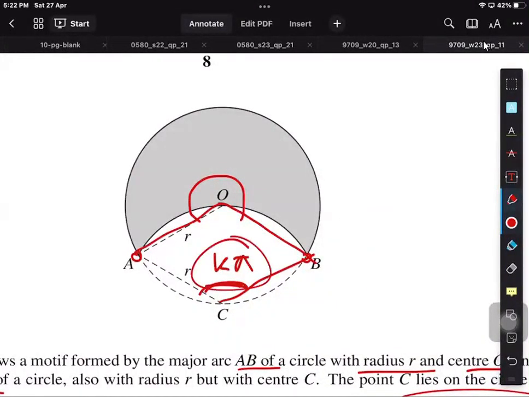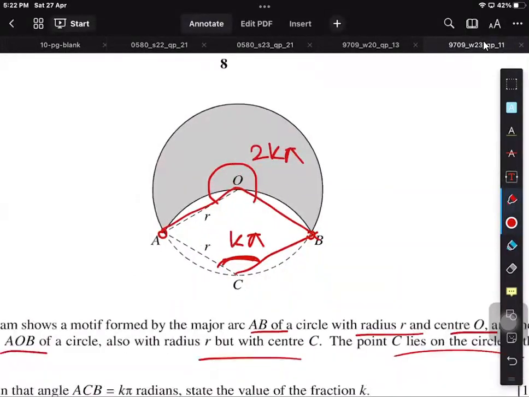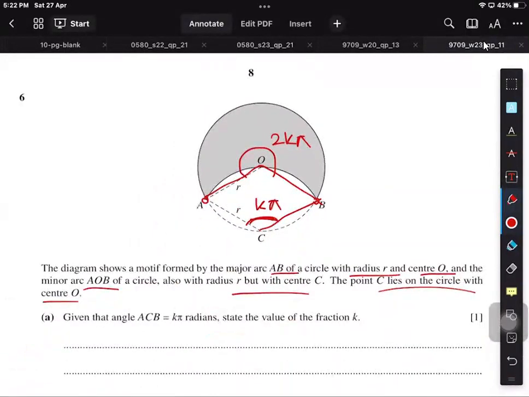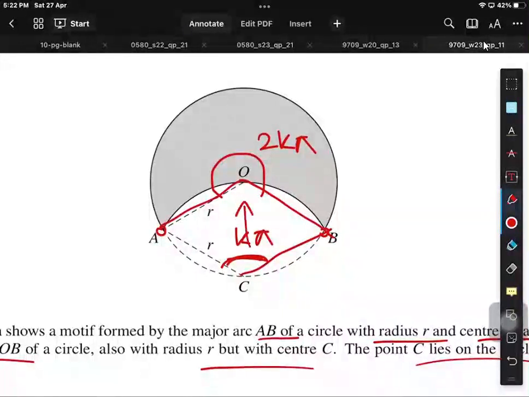So we know that as the angle at the center is double the angle at the circumference, so this is the angle at the circumference and this is the angle at the center. So we know that it would be double, right? So we can say that this angle is 2k pi, right? And we know that these opposite angles would be equal, right?